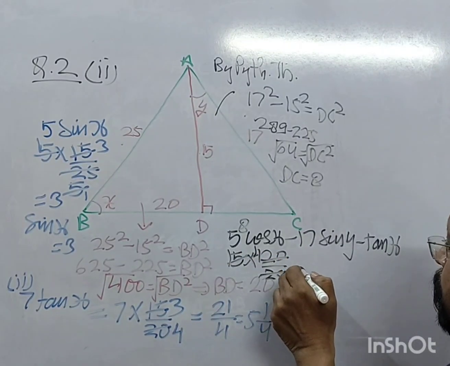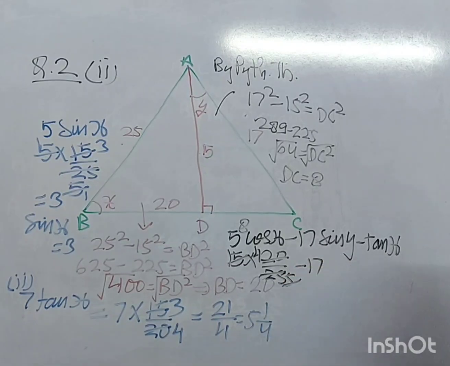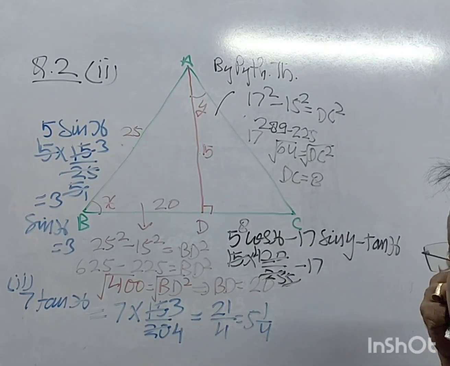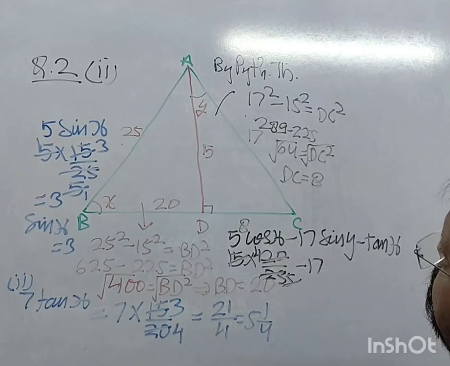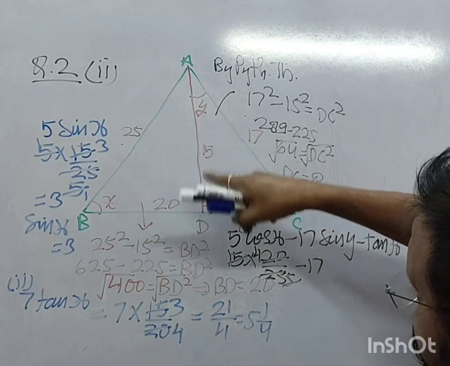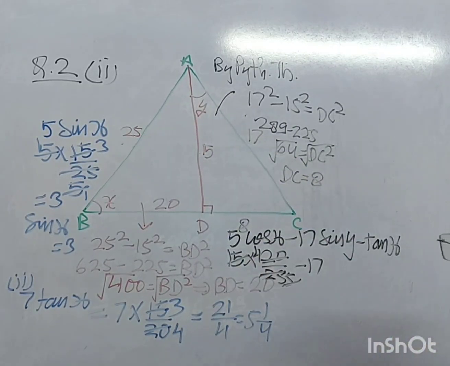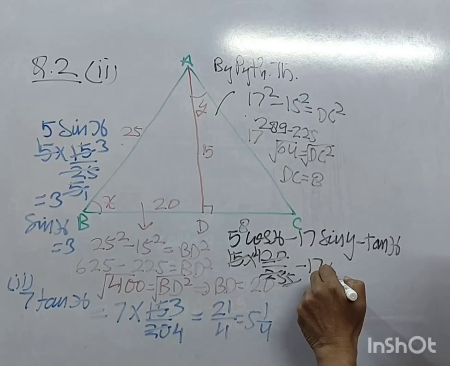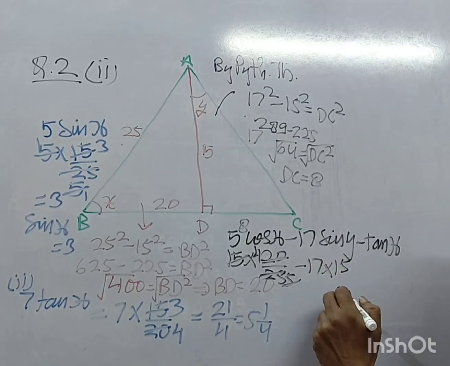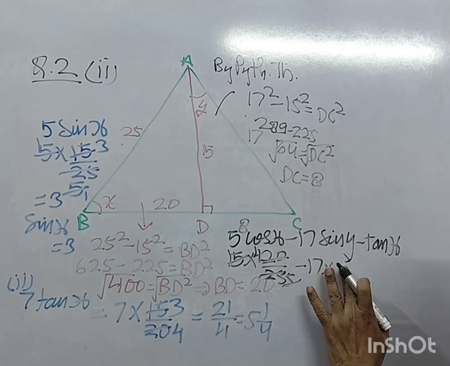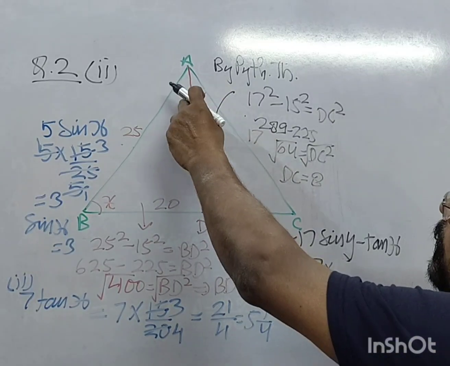4 minus 17. Sin Y is how much? Perpendicular upon hypotenuse, 15 upon 17? No, sin Y is this one.